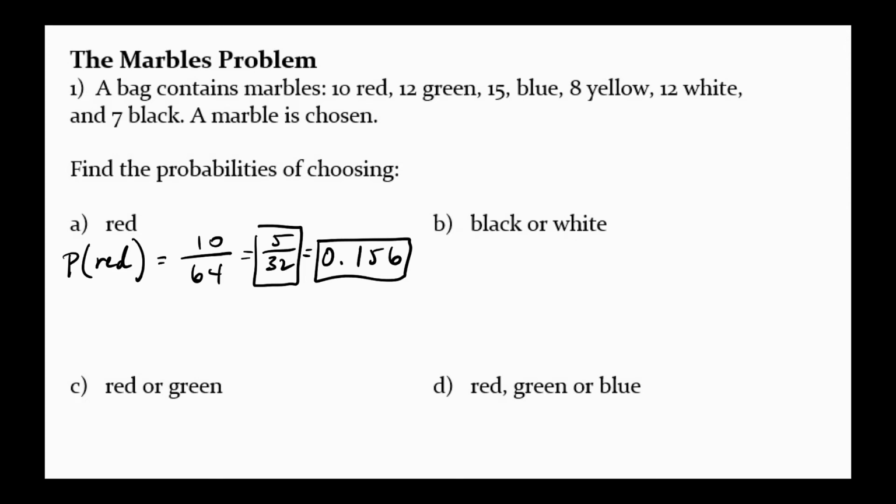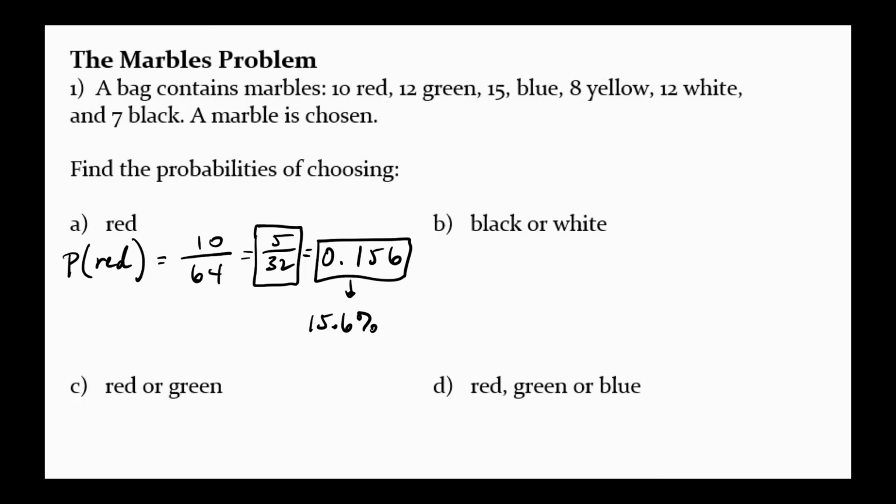If you know how to convert them, and if I wanted to, what percent would that be? 0.156. What percent would that translate to? 15.6%. Good. As long as you can do that, you are fine. Most of the time, decimals are what they want. But like I said, either one of those is okay.